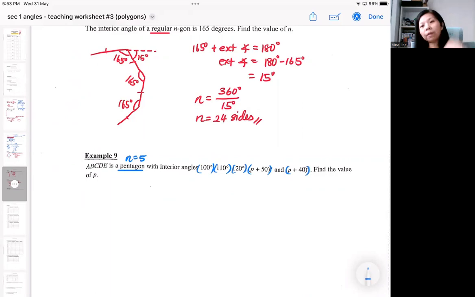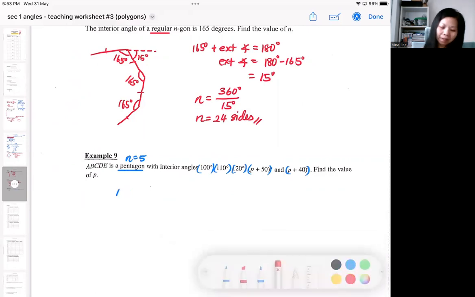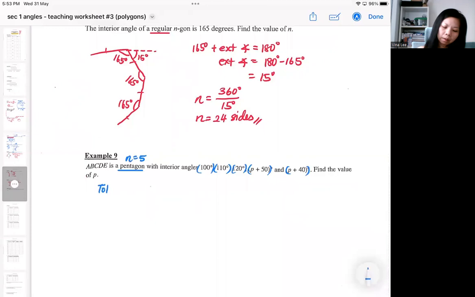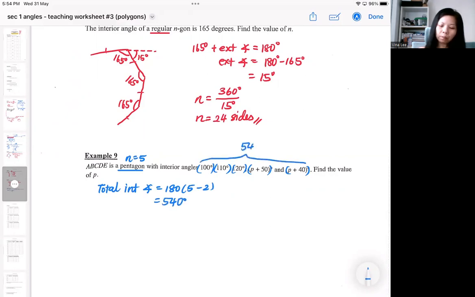These 5 interior angles are expected to add up to a certain amount. Don't forget, if you get the number of sides, you can find the total interior angle. So apply the formula, punch it up. Meaning I'm expecting these 5 angles to add up to 540.